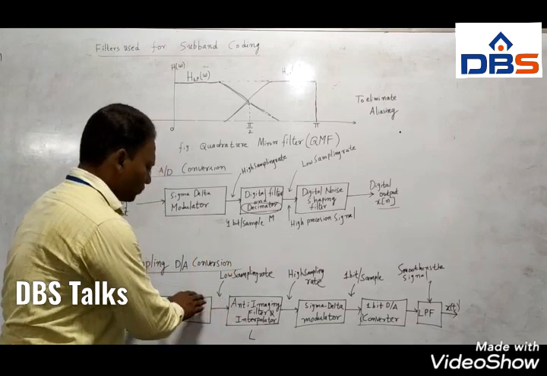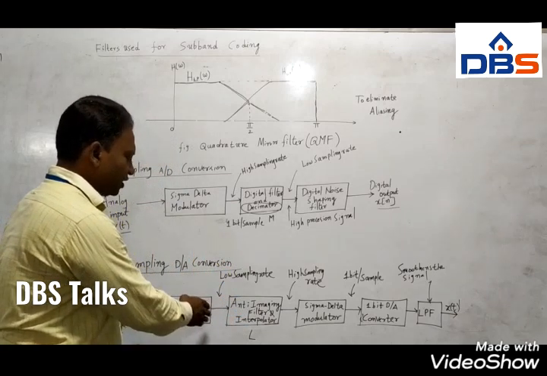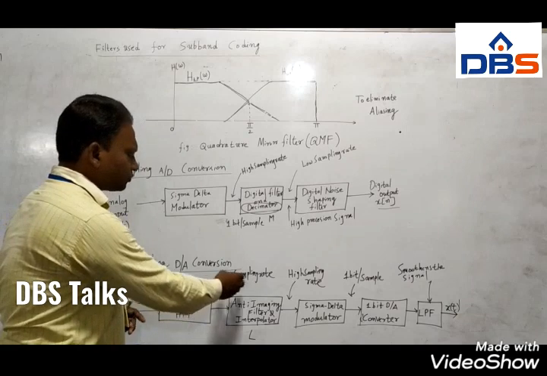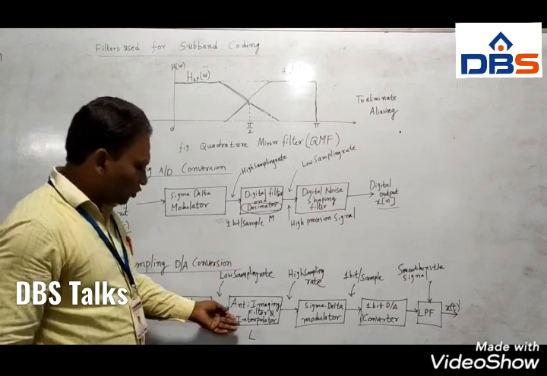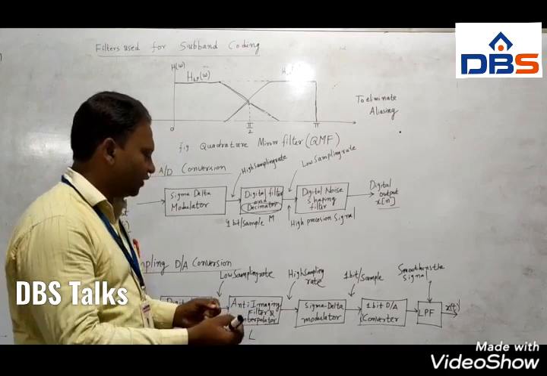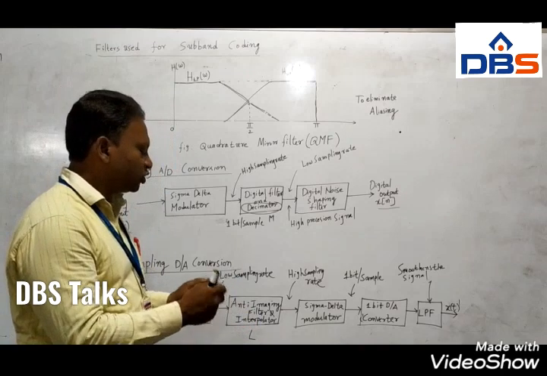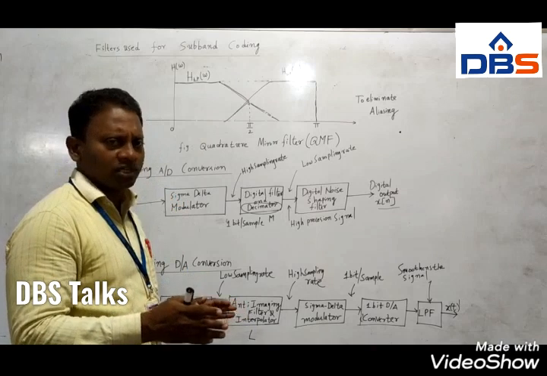So x[n] is passed through the high pass filter, and after that you have a low sampling rate, and then we have an interpolator. The job of the interpolator is to add L-1 samples between any two adjacent samples.